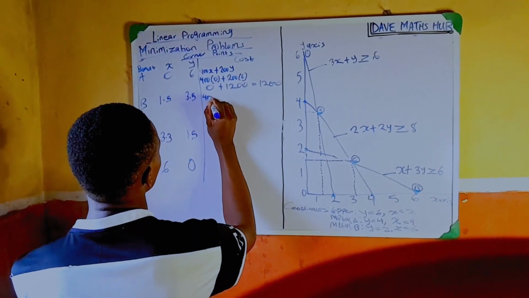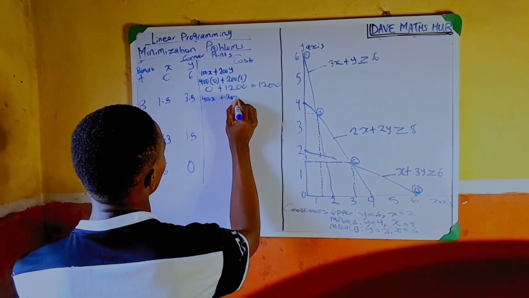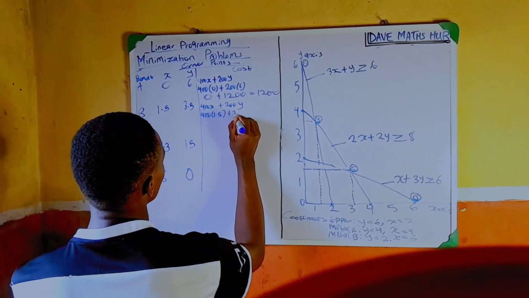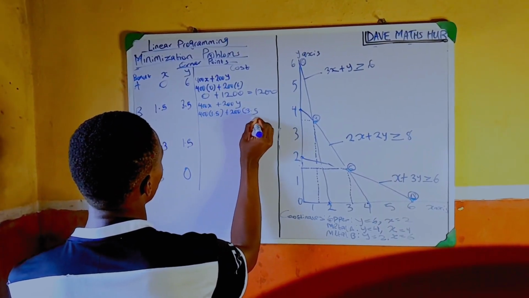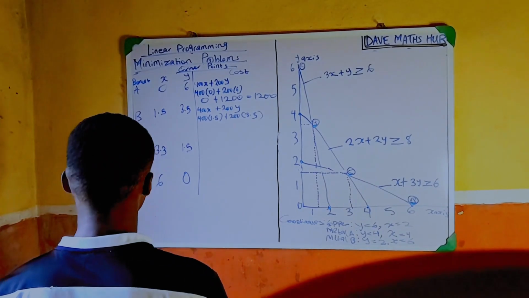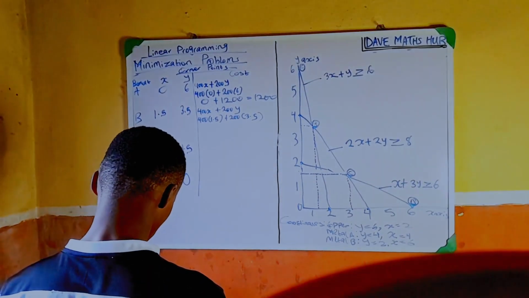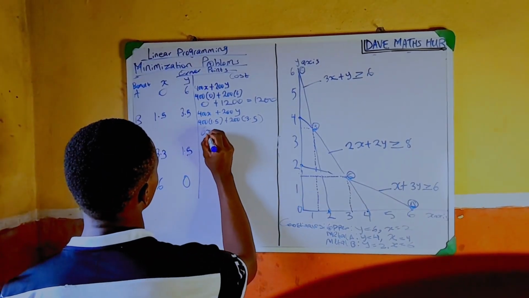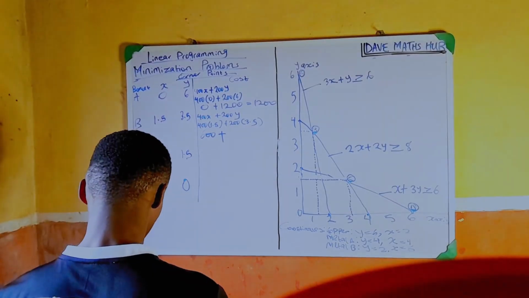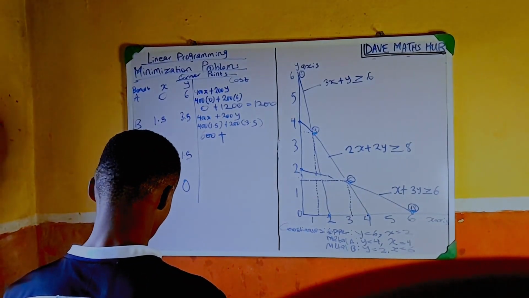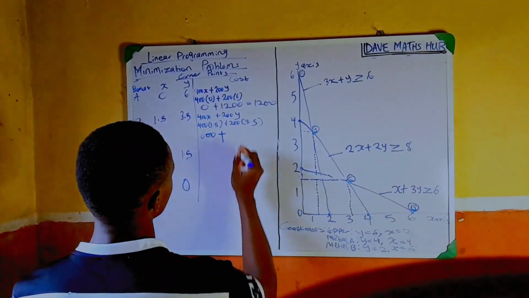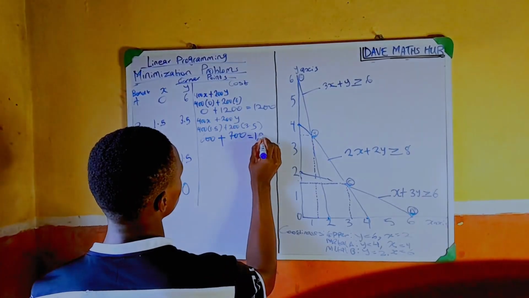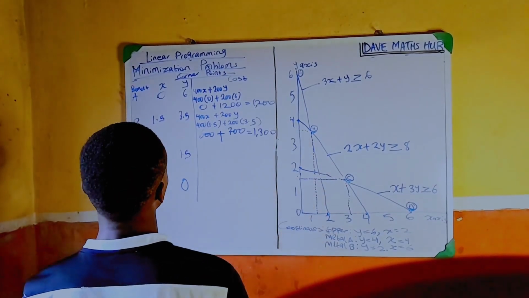For B, 400x plus 200y equals 400 times 1.5 plus 200 times 3.5. That's 400 times 1.5, giving us 600, plus 200 times 3.5, giving us 700. So 600 plus 700 equals 1,300.